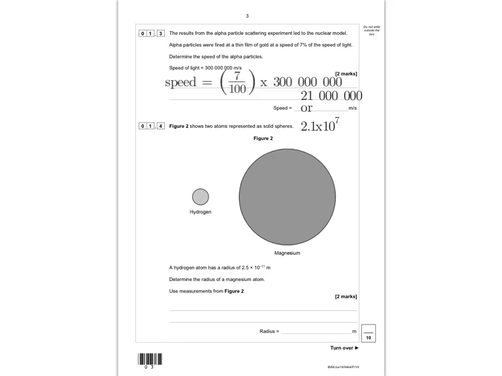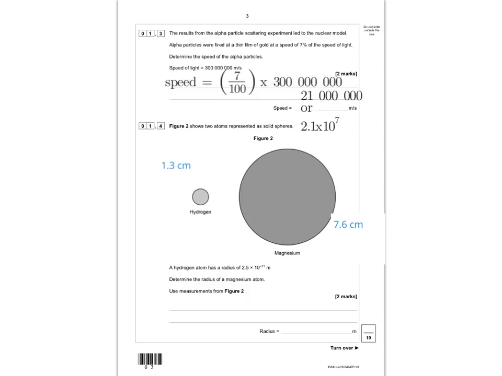And when I did my measurements, I came out with the following, where I got 7.6 centimeters for my magnesium, and I got 1.3 centimeters for my hydrogen.